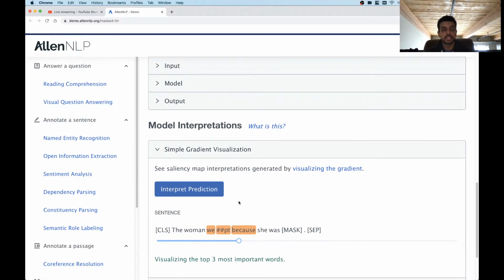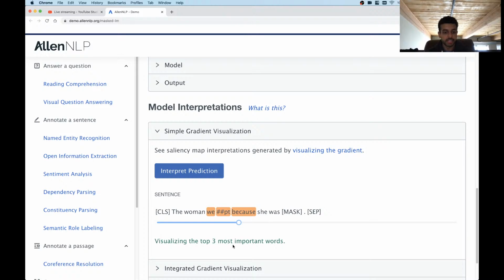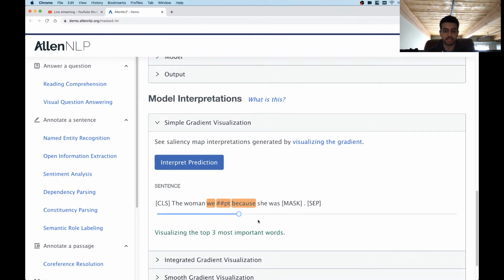And then you just take the L2 norm of each of the embedding gradients and rank them. So here it says you're visualizing the top 3 most important words to predicting whatever goes into this mask token. And the top words here were, so wept, that word got broken into 2 subwords, WE and PT. And so it makes sense that wept and because were the most important words that the model thought when it was making this prediction.